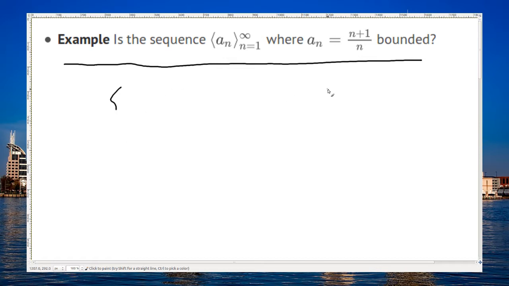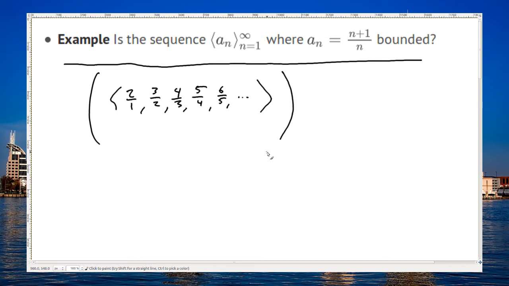We can actually just write out a few terms of the sequence, and so we have to start by plugging in 1, right? So that's going to be 1 plus 1 over 1, then 2 plus 1 over 2, 3, that'd be 4 over 3, then 5 over 4, 6 over 5, okay, so on and so forth. And I'm kind of just doing this in my head.